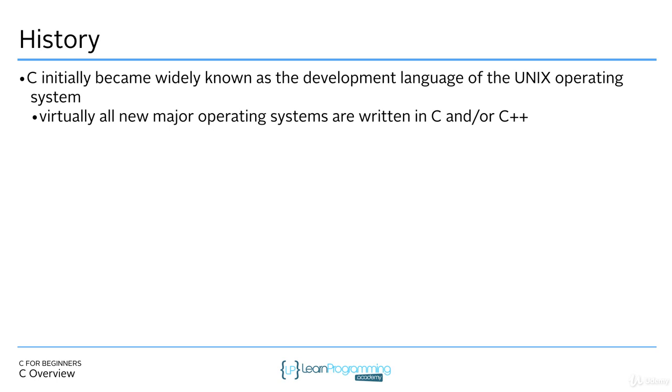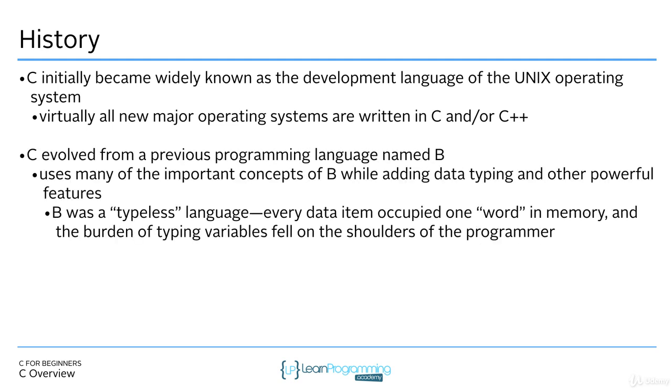Some more history. It initially became widely known as the development language of the Unix operating system, and virtually all the new operating systems that were written after 1972 are written in C or C++. Okay, again, very popular, very, very useful. It evolved from a previous programming language named B. Go figure.